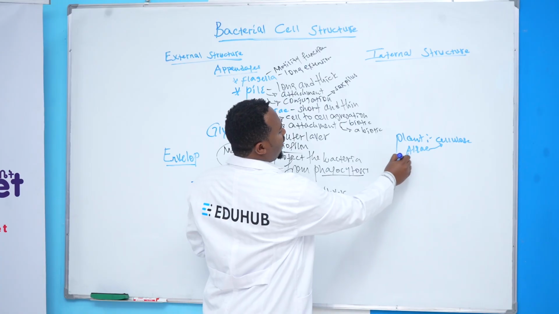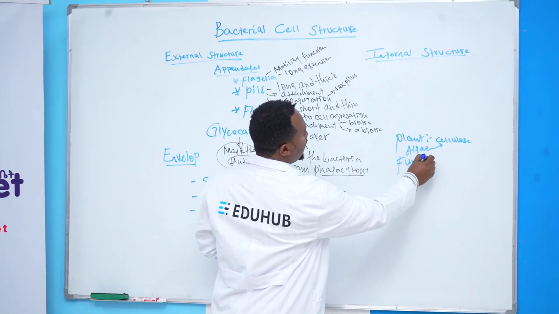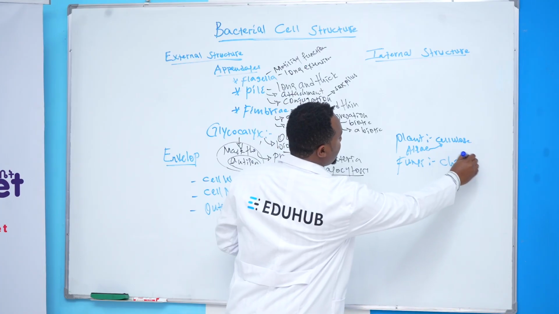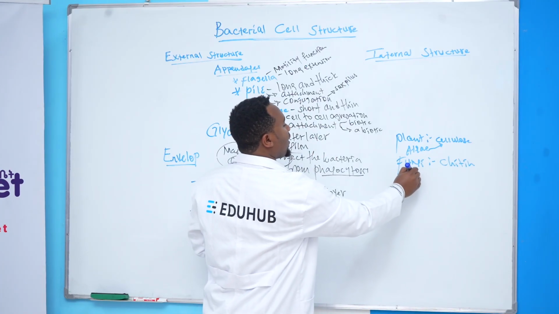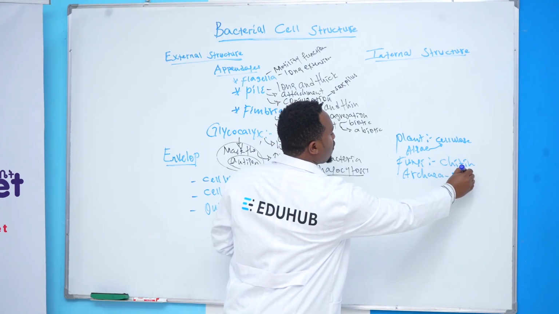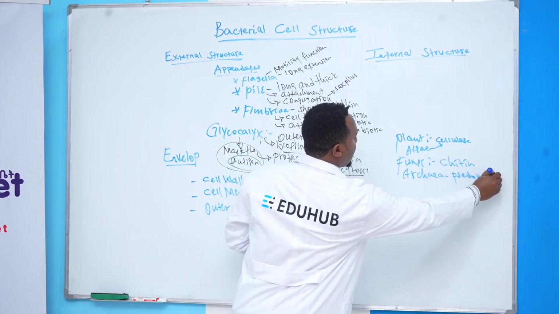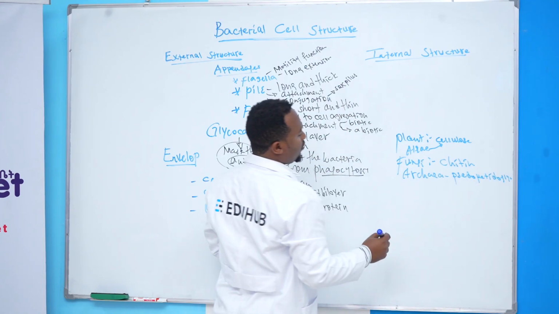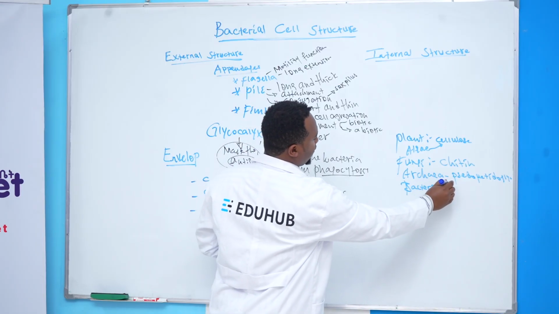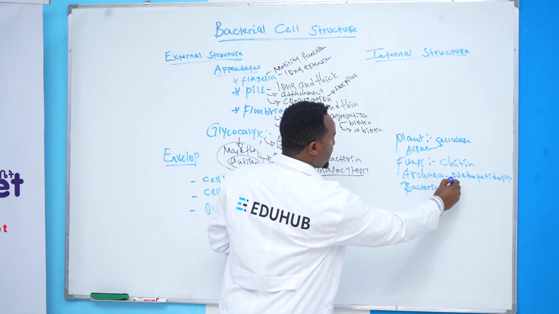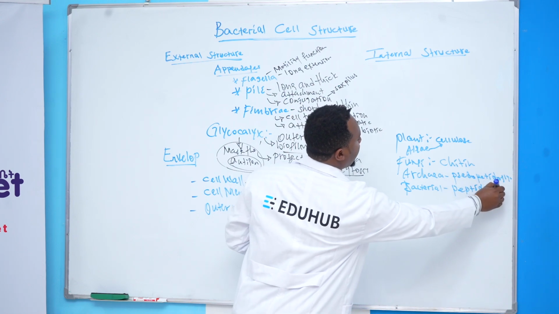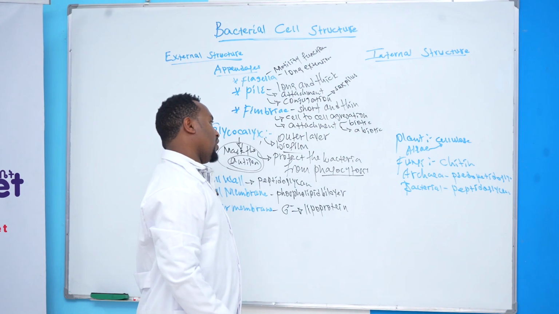And the cell wall of fungi is made up of chitin, and archaea are made up of pseudo-peptidoglycan. And the bacterial cell wall is made up of peptidoglycan. The bacteria have a true peptidoglycan.